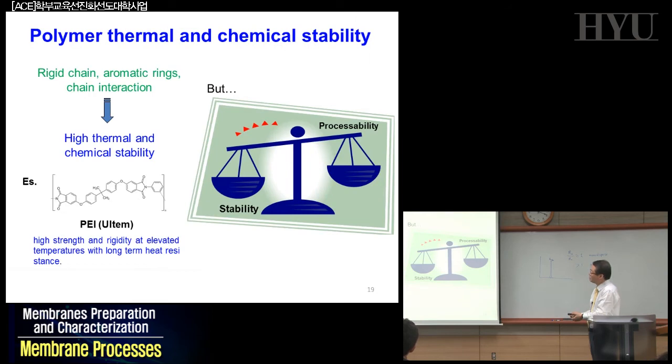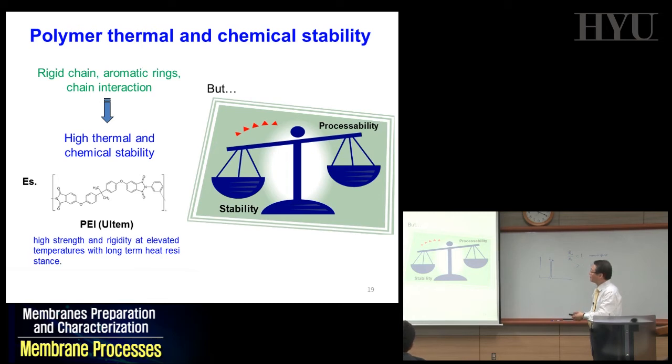Now, when we have a rigid chain and aromatic chain, we increase the selectivity, but decrease the permeability, of course. These polymers with the rigid chain and aromatic chain will also increase the thermal stability and the chemical stability. For example, we have a polyether imide called ULTEM, and it has very high strength and rigidity at elevated temperatures.